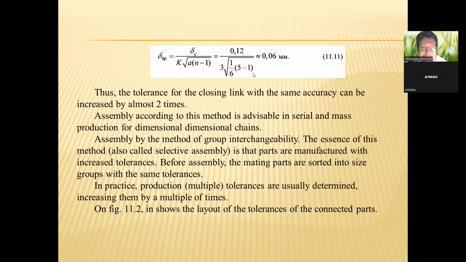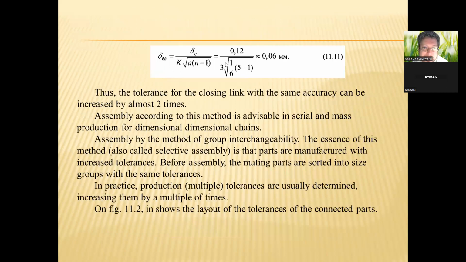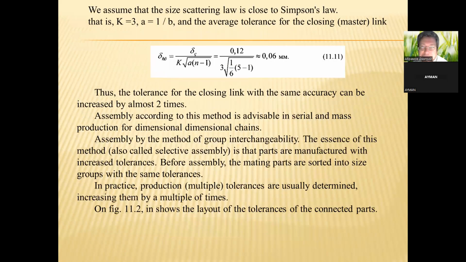We use A is 1 divided by 6, N is equal to 5, we have 5 links, delta is equal to 0.12, the tolerance of the master or closing link, and K, its coefficient, is equal to 3. Thus, the tolerance for the closing link with the same accuracy can be increased by almost 2 times.